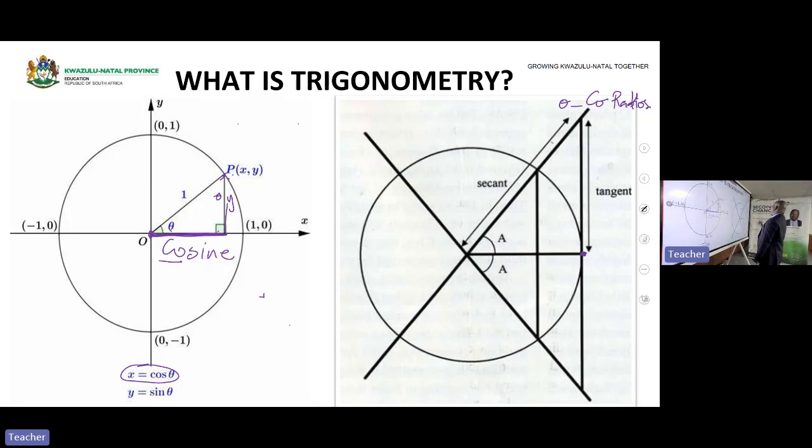There must be a condition. One, it must be moving in the same direction as the curve, or as the circle in this case. If it's on a graph, it must be moving in the same direction. Why am I saying that? If we look at this line also, it touches our circle at one point. Do we mean that this line is also a tangent?